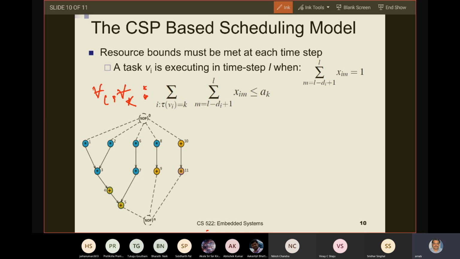At each time step, this constraint has to be satisfied for all types of processors.